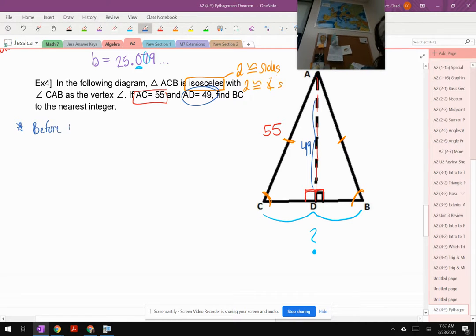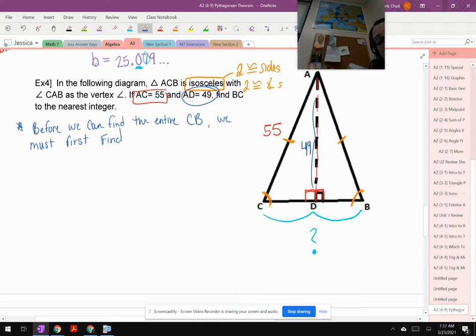Before we can find the entire CB, we must first find CD.